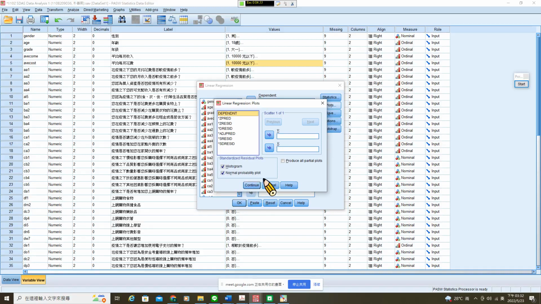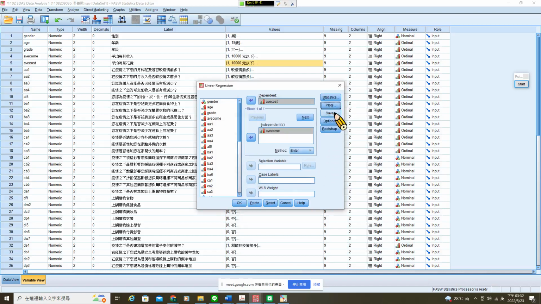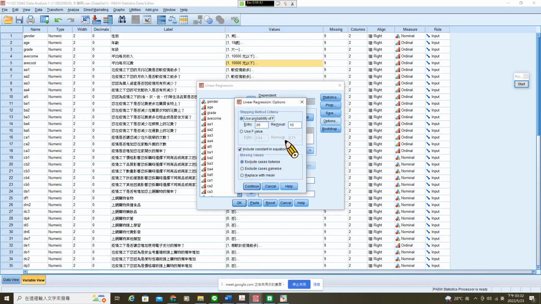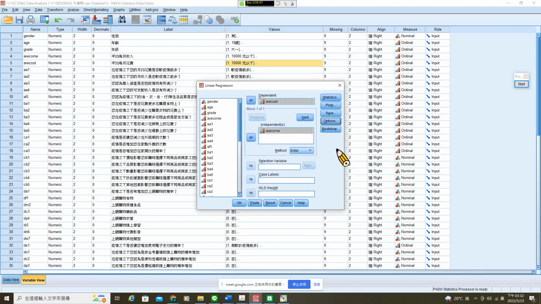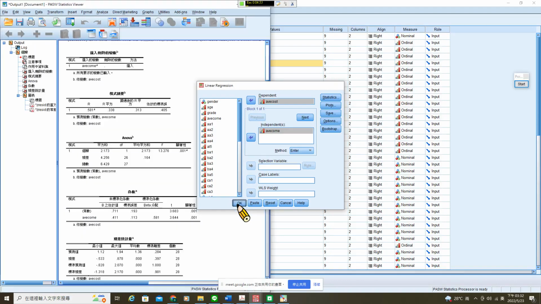It will provide you a vivid visual image about the relation between these two. You can try to find out other options, but basically this is good enough. So when we have this, we can click OK. Let's see what the OK means for us.